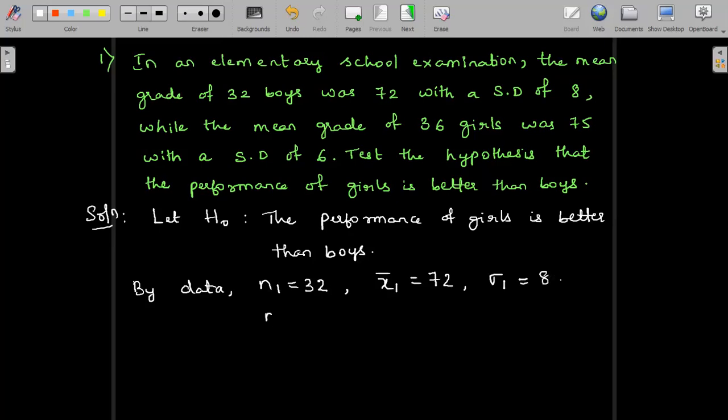Now similarly, n2 is equal to 36, there are 36 girls.